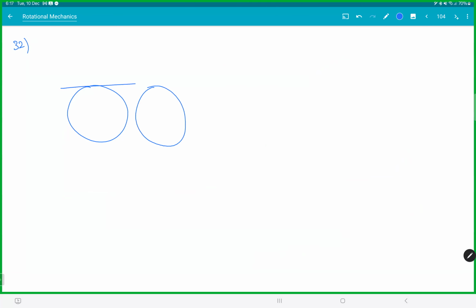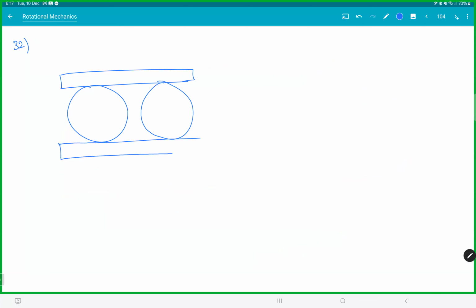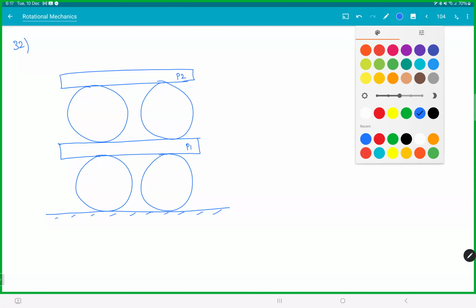Let's say we have two cylinders and we have a plank on top of it. We have one more plank and two more cylinders. And this is the ground. Let's call this plank P1 and this one P2.